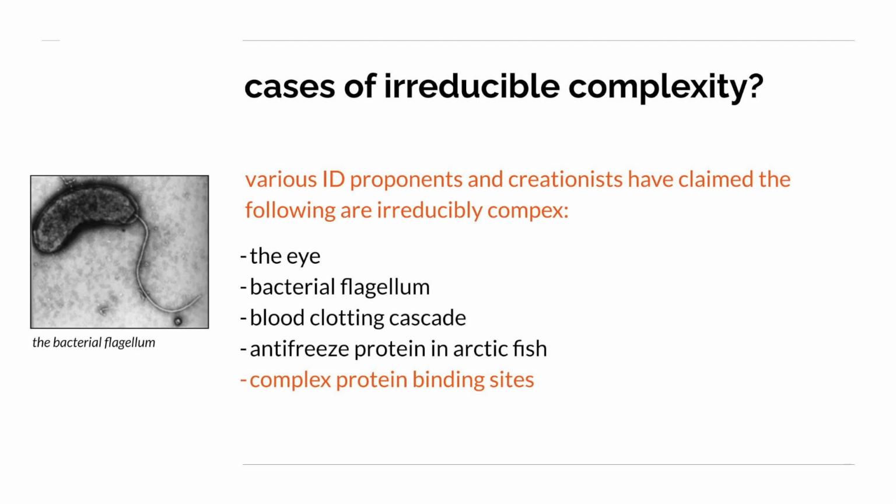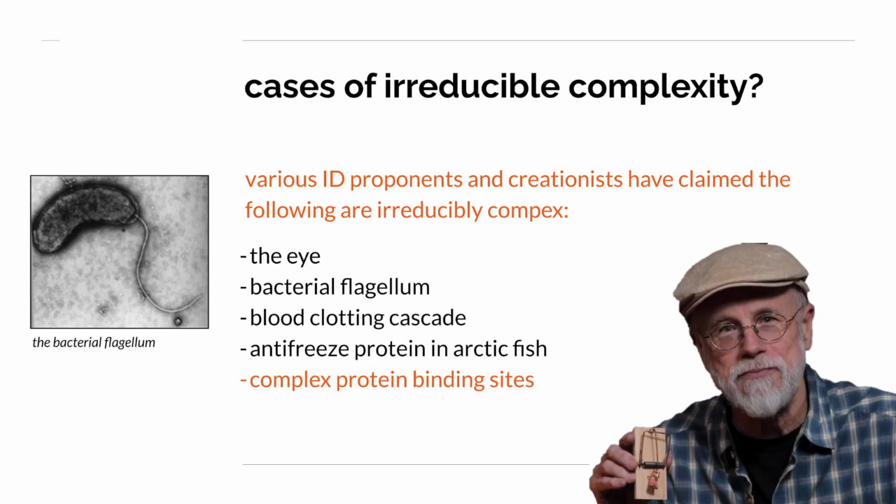I want to discuss a paper which undermines the claim that these structures are irreducibly complex. This peer-reviewed scientific journal article is a powerful blow against this example of alleged irreducible complexity. And this paper was authored by none other than Michael Behe. Behe has stated that he thinks this supports the irreducible complexity of protein binding sites, but we'll dig into the paper and see for ourselves.